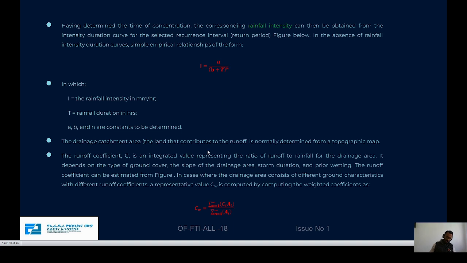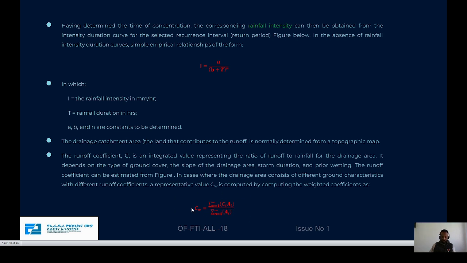The runoff coefficients will not be the same for all areas. For example, if the area is a flat area or a paved area, C will be 0.9 times the area. And for example, if the catchment is forest, it will be 0.2 times the area.